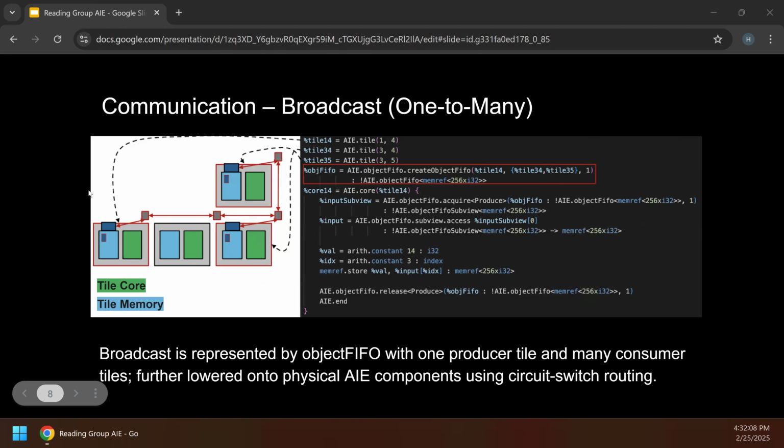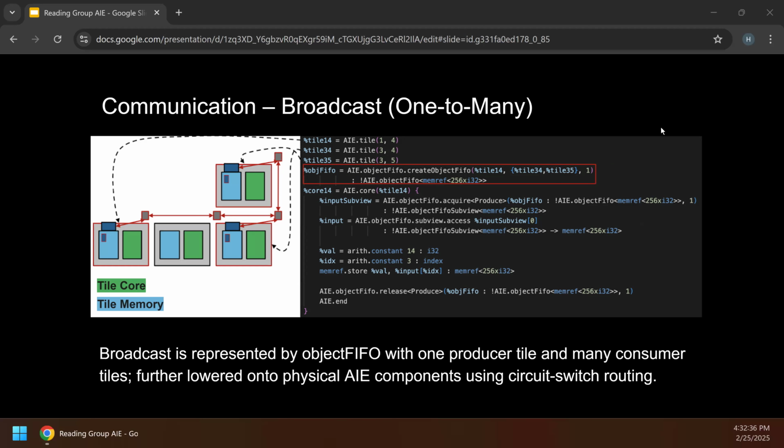Now that we have seen how point-to-point communication is handled, here we introduce the one-to-many broadcast. This is necessary if we have data, for example sent from the external memory, and we need to broadcast it to multiple destinations.